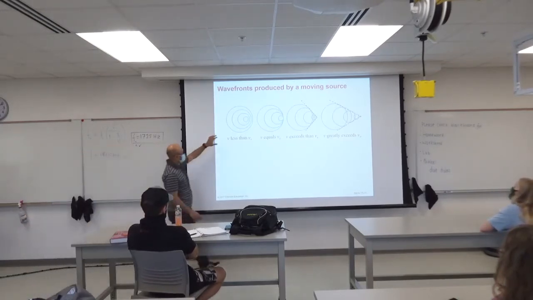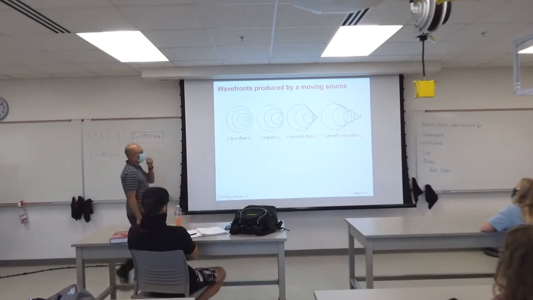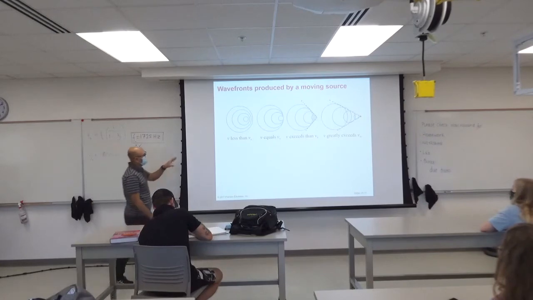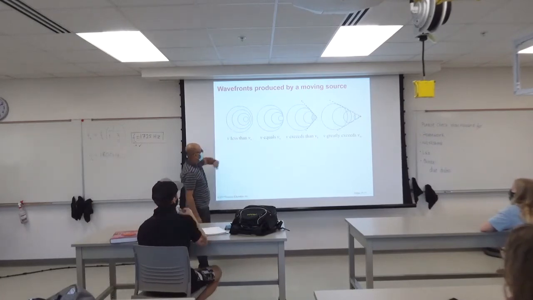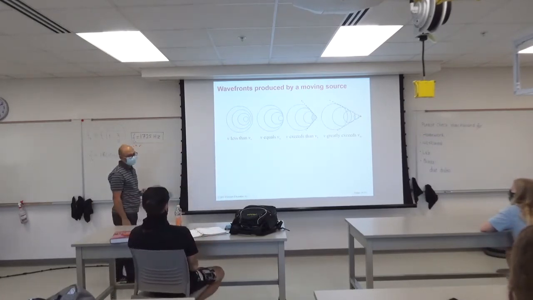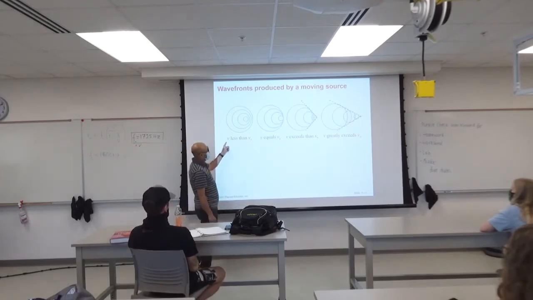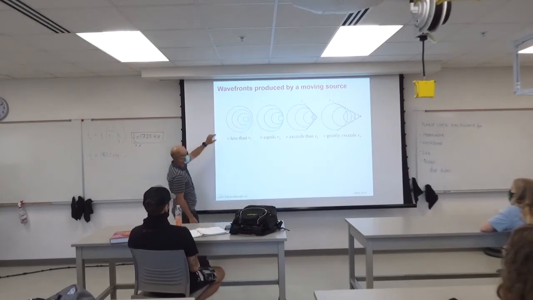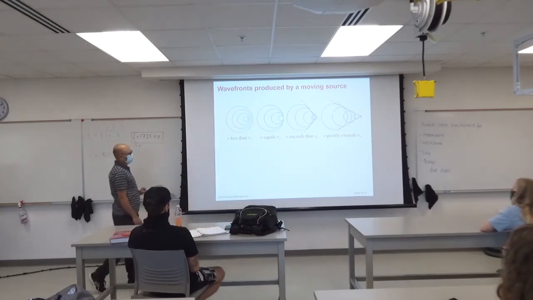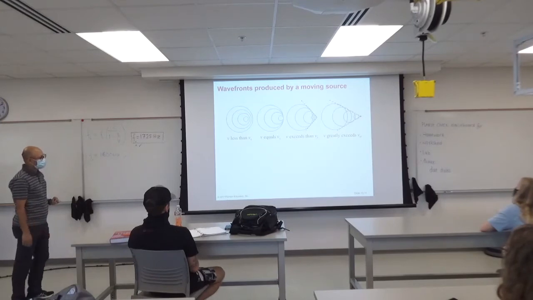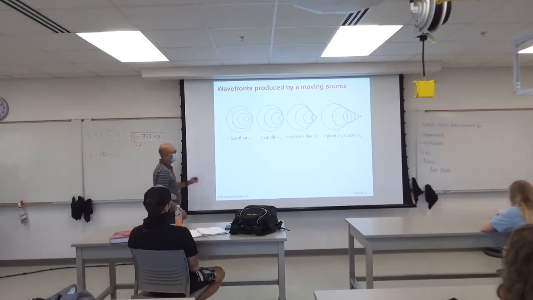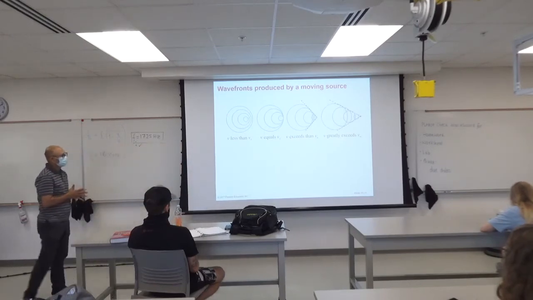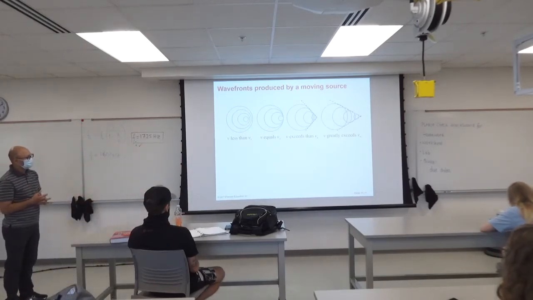So these are the wavefronts emitted by the source, and the source is moving at different speeds. In this case, the source is moving at a speed less than the speed of sound. So it's moving to the right, but the speed of the source is less than the speed of the wavefront. Here, the speed of the source and the wavefront is equal.